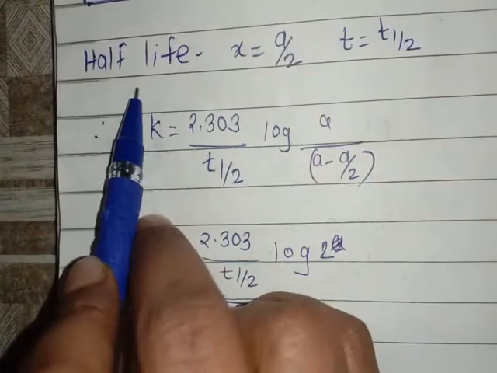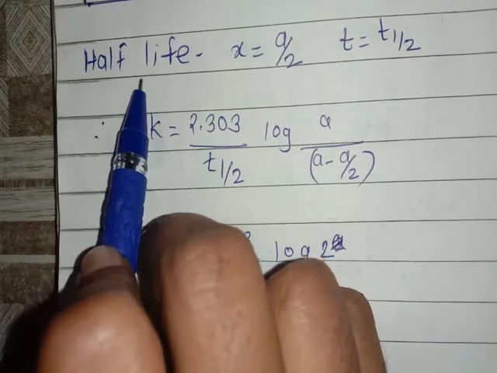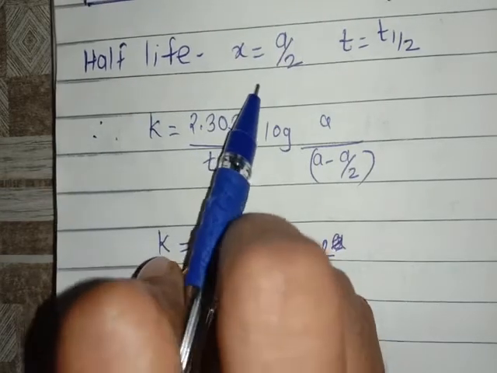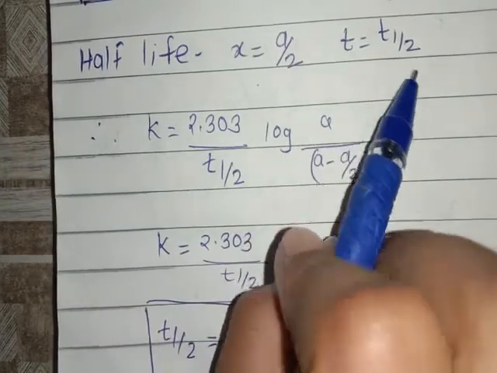We can easily find out the half-life of the first order reaction. For that purpose, we can take x is equal to a by 2 while t is equal to t half.